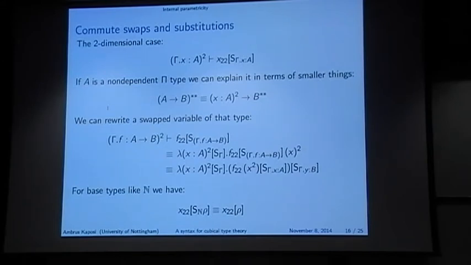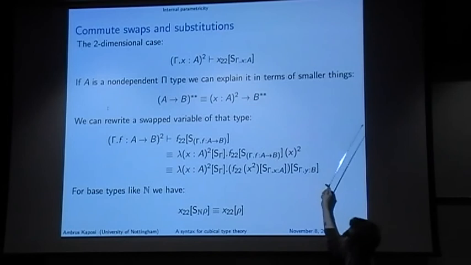And the 9 components are x0,0 in a0,0, x0,1 in a0,1, and so on. So it's a square, where x22 is the filler, this is x00, x10, and so on. So this is just an abbreviation for this.